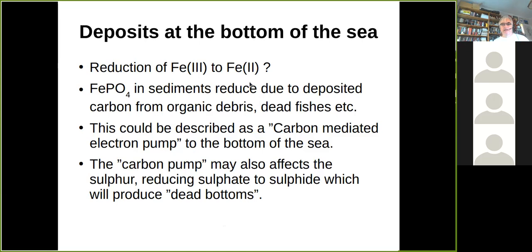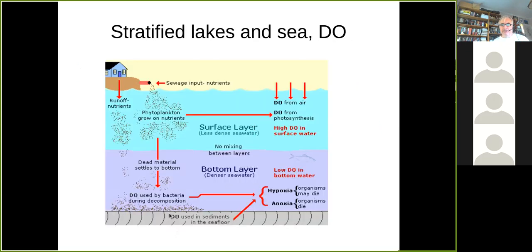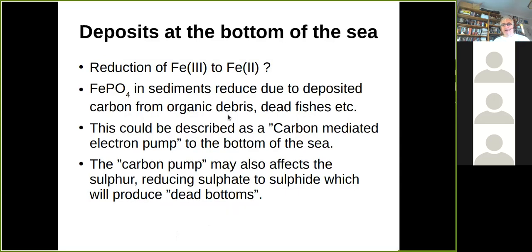And the deposits, what happens with these deposits down here, and what happens with the sediments on the seafloor? Is it a possibility that iron 3+ could be reduced to iron 2+? Well, not necessarily, but if you look in the polar bear diagram, where is iron 3+ stable, and where is iron 2+ stable?